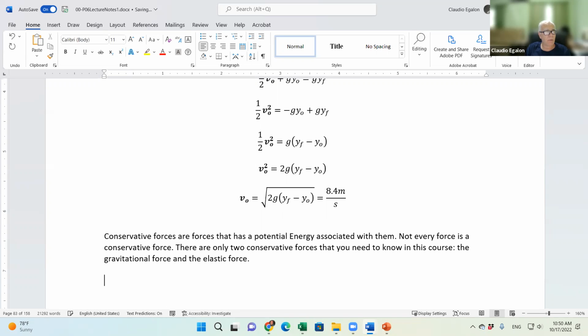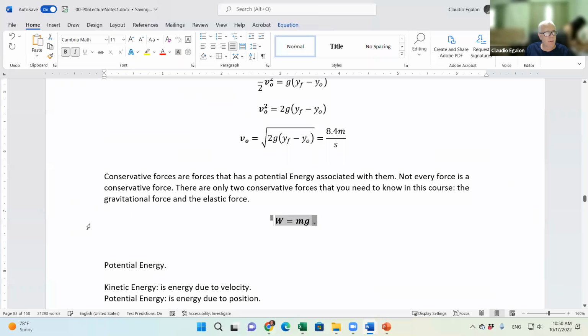What's the elastic force? Okay, the gravitational force, you already know that. The weight, right? Weight equal to mg is the conservative force. What about the elastic force? What's elastic force?